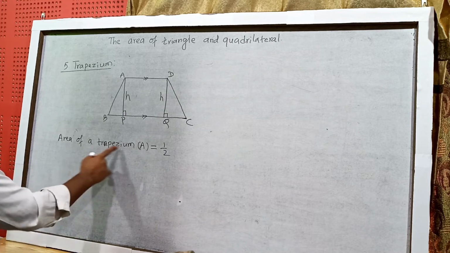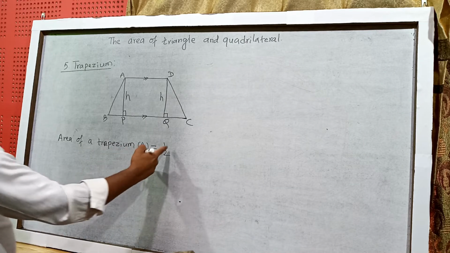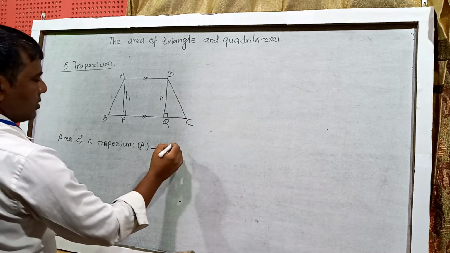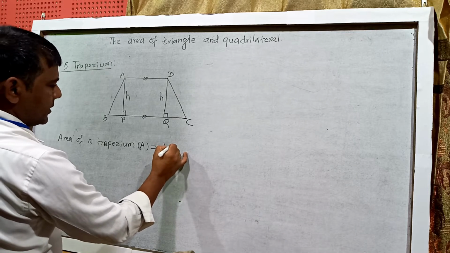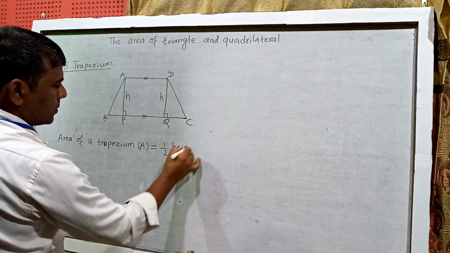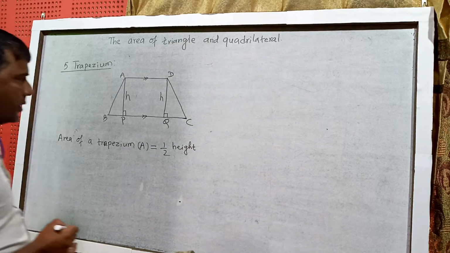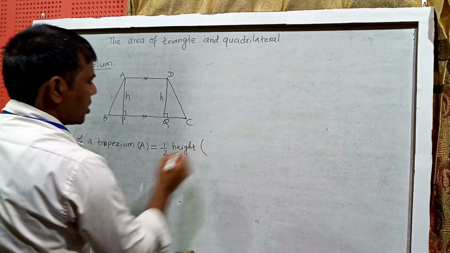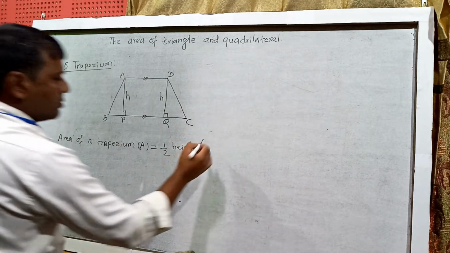So the area of a trapezium A equals 1 by 2 height into the sum of parallel sides.